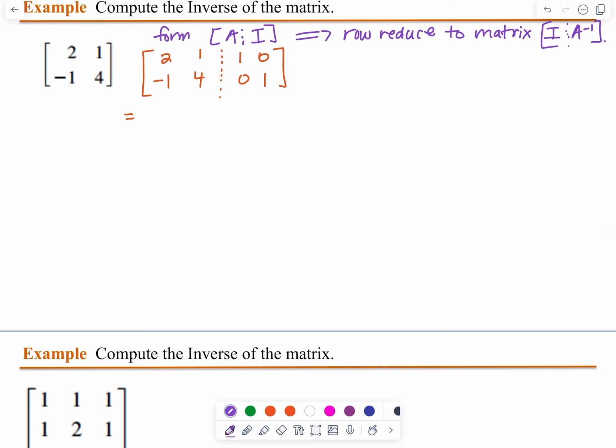So we're going to have row 1 divided by 2, and then we're going to have row 2 plus row 1 divided by 2, and that's going to be our new row 2. So let's go ahead and do that. So now row 1 divided by 2. And now we're going to add that to row 2.